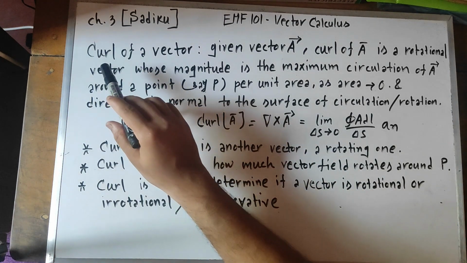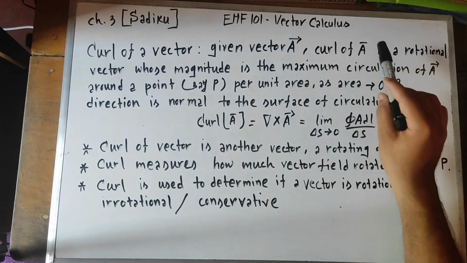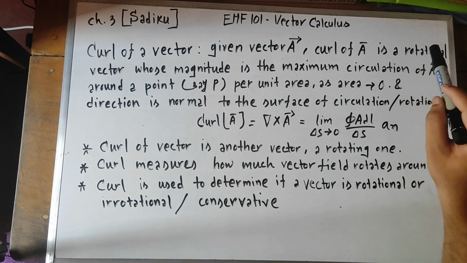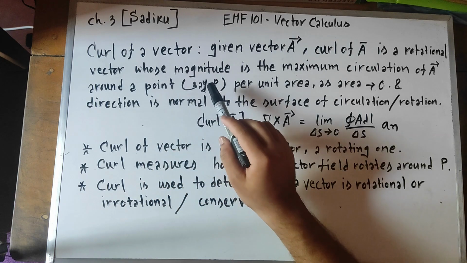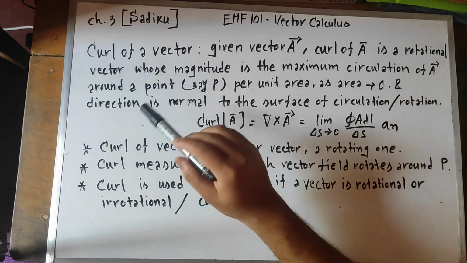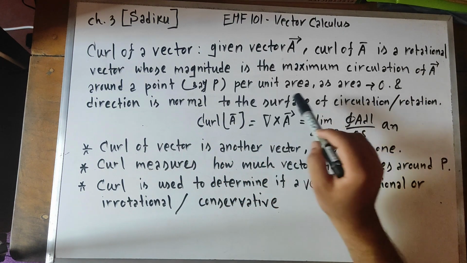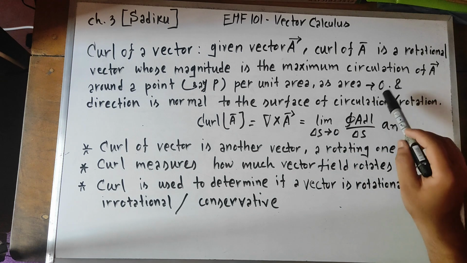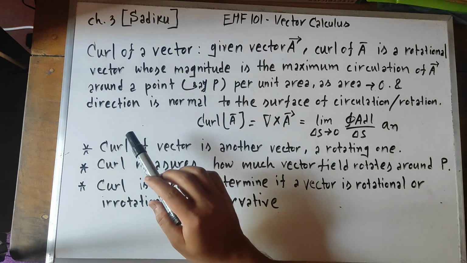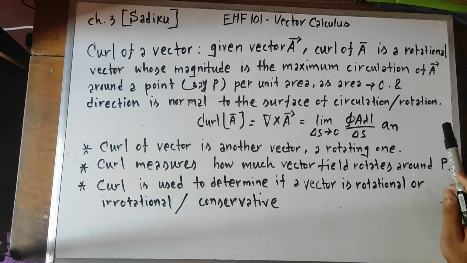Given a vector A, curl of A is a rotational vector whose magnitude is the maximum circulation of that vector around a point, say point P, per unit area as the area tends to 0, and its direction is normal to the surface of the circulation or rotation.